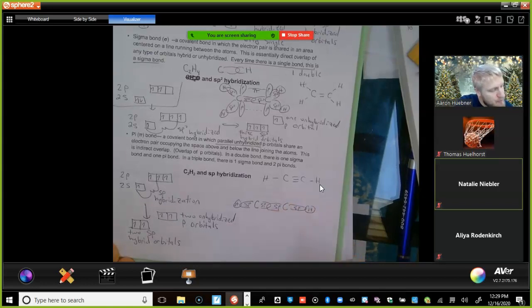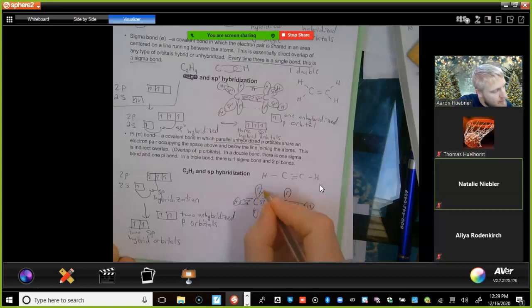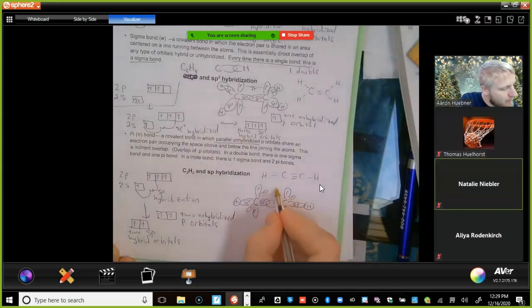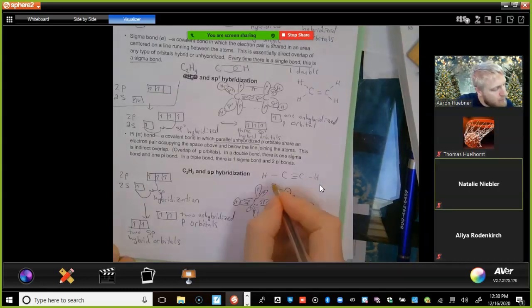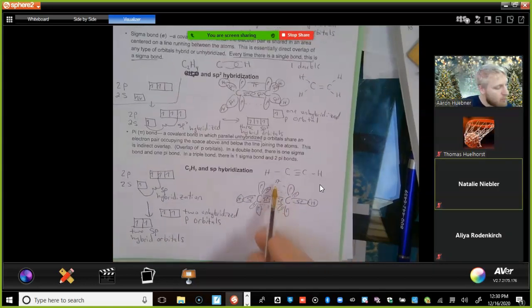This one has 1, 2. And then we have 2 unhybridized p orbitals. Alright, here's my best shot. Here's our 1 unhybridized p orbital. P, P, P, P, and we've got our pi bond, and then our other pi bond. So we got our 1 sigma bond and our 1, 2 pi bonds occurring.